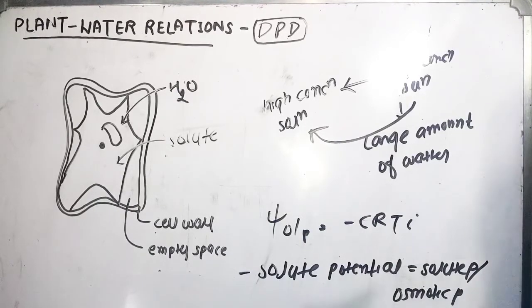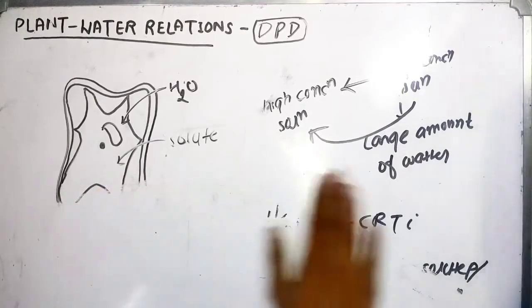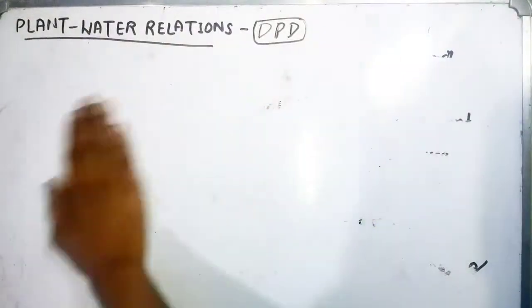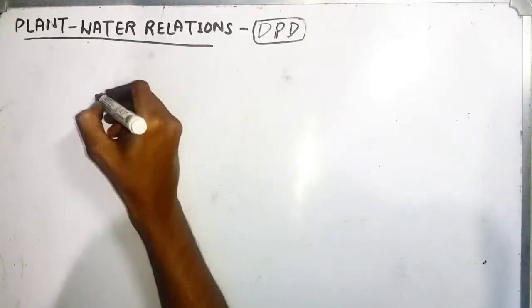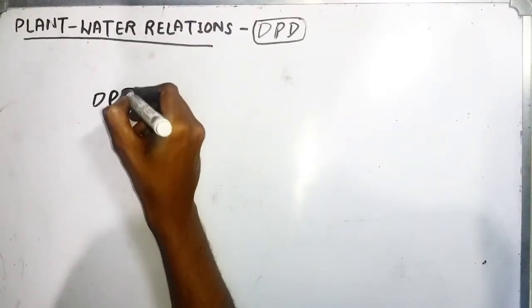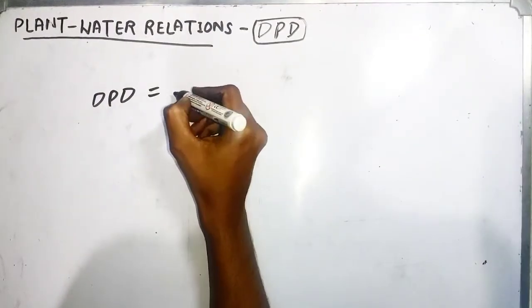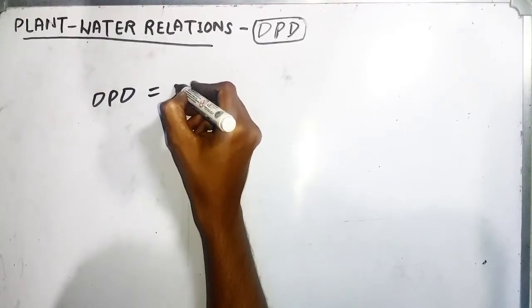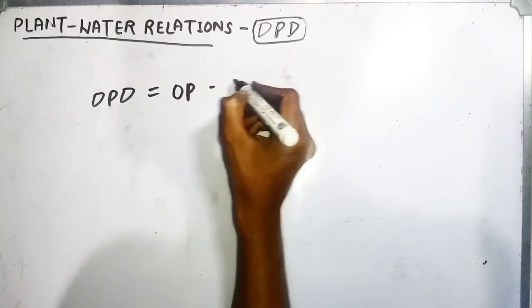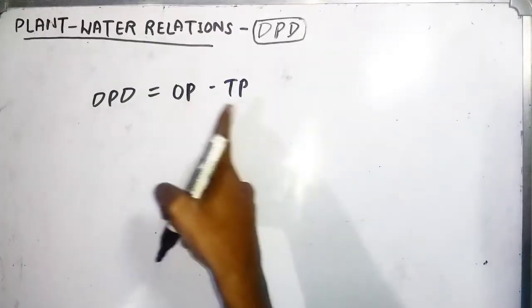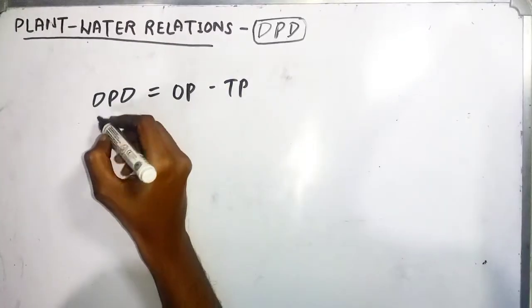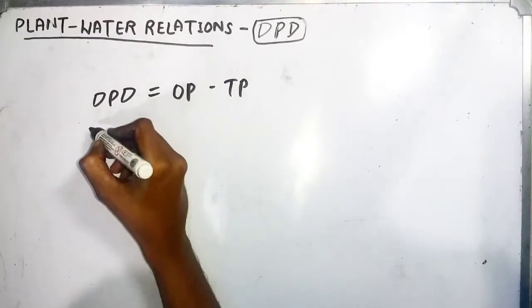Now we are going to add these pressures and come to DPD, diffusion pressure deficit. DPD is osmotic pressure minus turgor pressure. What is DPD? Diffusion pressure deficit.